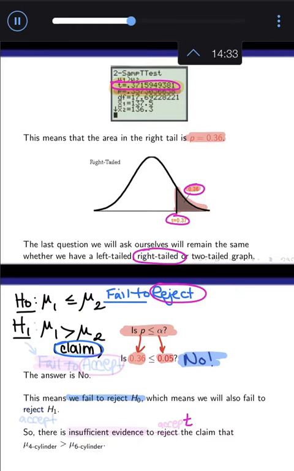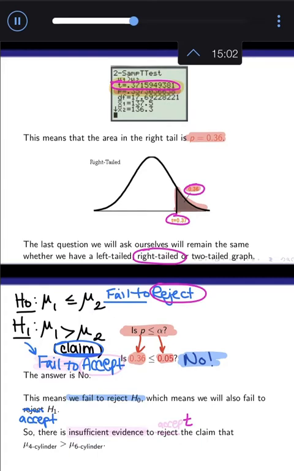I'm still failing to, but I'm failing to accept. And the reason why I care about this one is because that one's my claim. So I'm failing to, there was a typo here, accept our alternative, our H1.